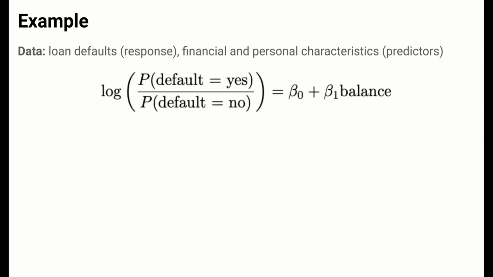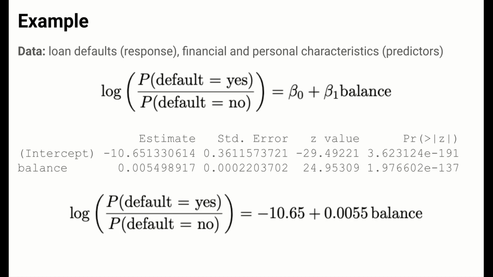We have data on the financial and personal characteristics of several individuals and whether or not they defaulted on a loan. We're interested in modeling the chances of defaulting as a function of credit card balance, and this is expressed by the logistic regression model shown here. When we fit this model, we get estimates of negative 10.65 and 0.0055 for beta 0 and beta 1.